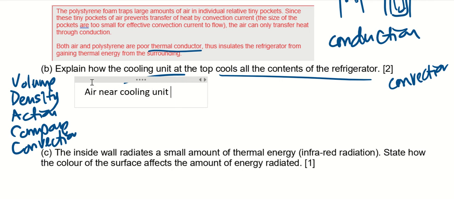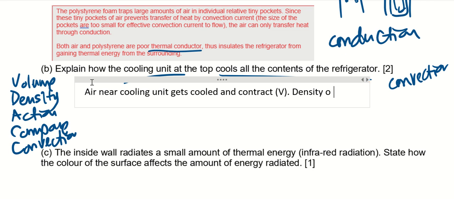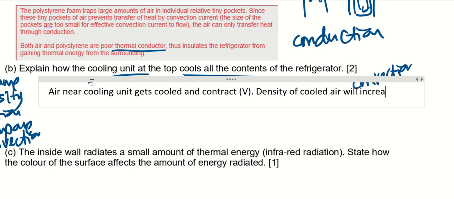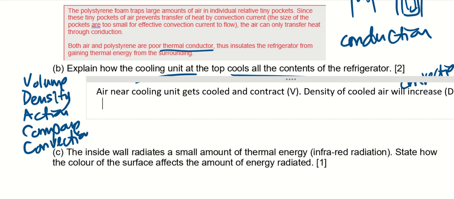Okay, so the air near the cooling unit gets cooled and contracts. Okay, so this is our V. The density of cool air will increase. So this is talking about our density, right? Then the action: the cool air will sink.